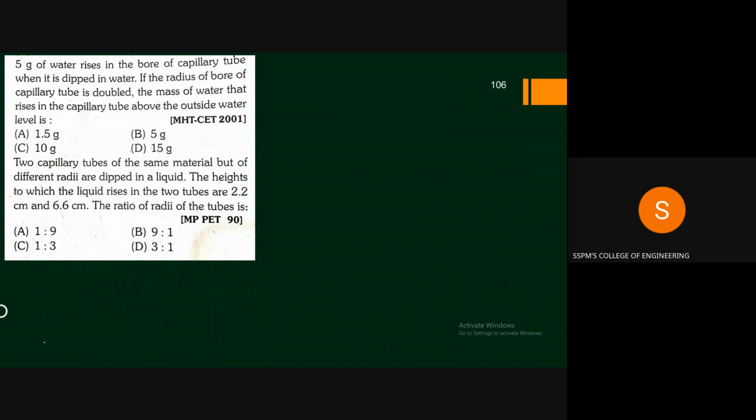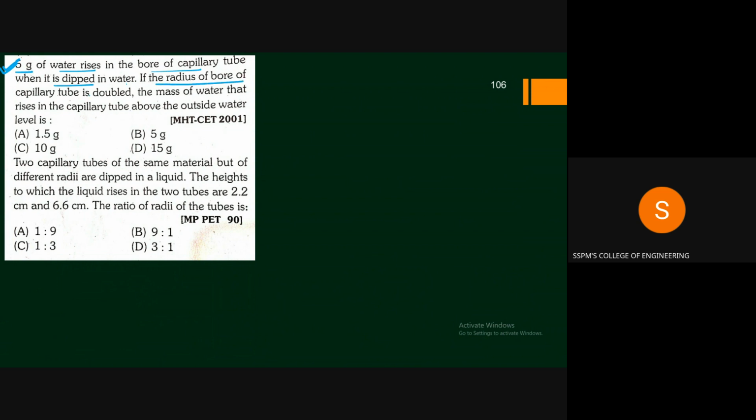Okay, now refer to the next problem. Here 5 gram of water rises in the bore of a capillary tube when it is dipped in the water.